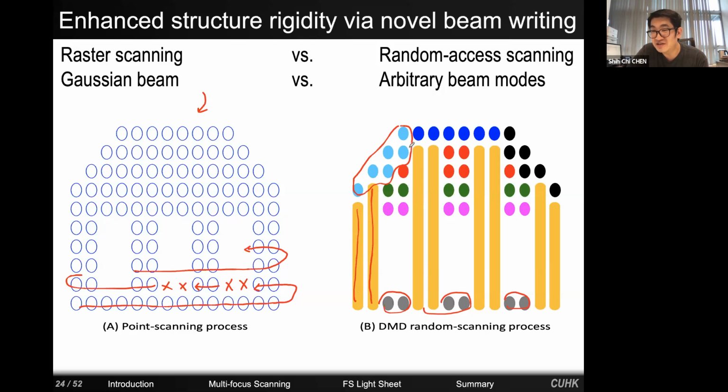There are 6, 7, 8 different colors, which means in roughly 8 milliseconds, we can complete the fabrication. And more importantly, we don't need to go to these empty spaces to expose, because each point here represents holograms, and we move to the next batch of points by switching to another hologram. So that's very effective.